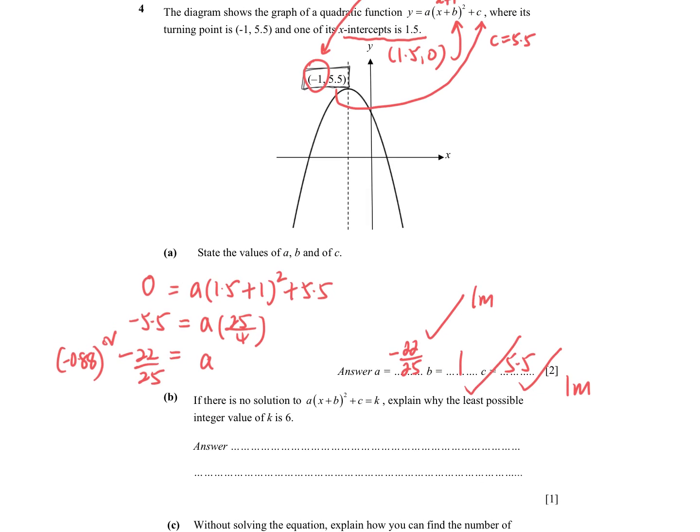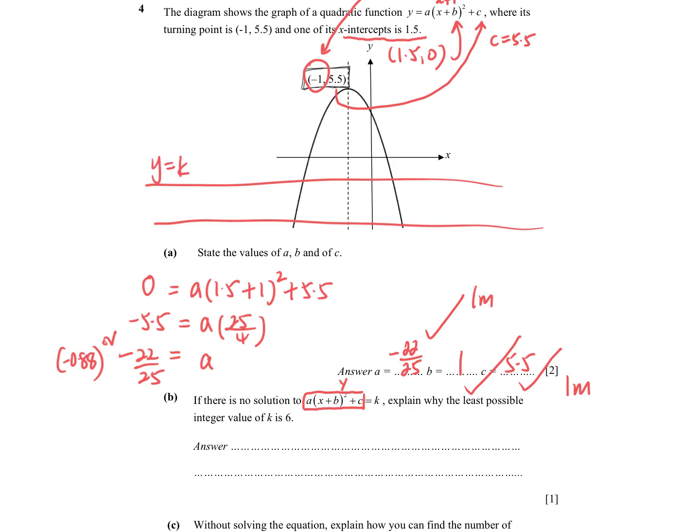Okay, then they say if there is no solution to this equals to k, this is y equals to k, a horizontal line. They say there is no solution. Can you explain why the least possible integer value is 6?